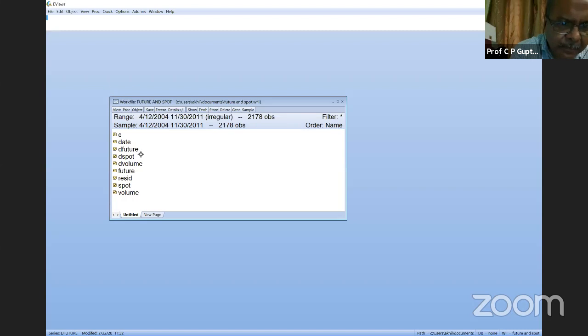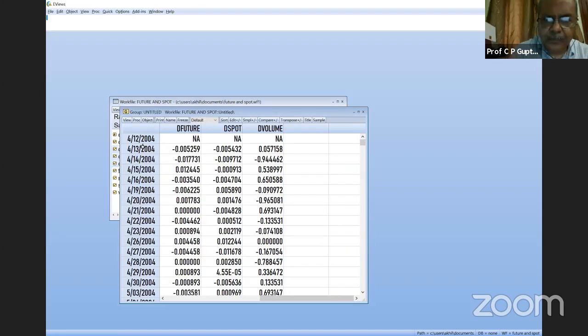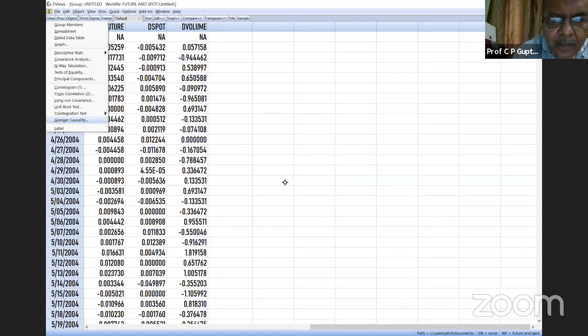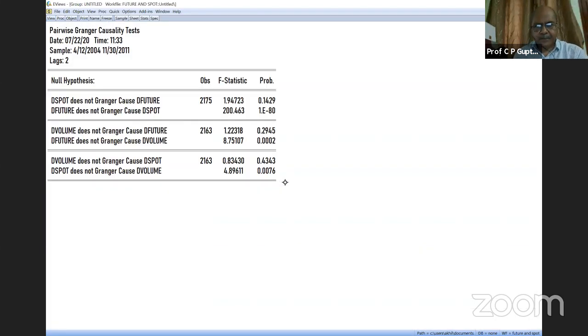So I select them one by one, right click on it, sorry, open it. So if you believe in a bottom-up approach, you will go to view, Granger causality and do the testing. Now, I have more than two variables which I can discuss with you.